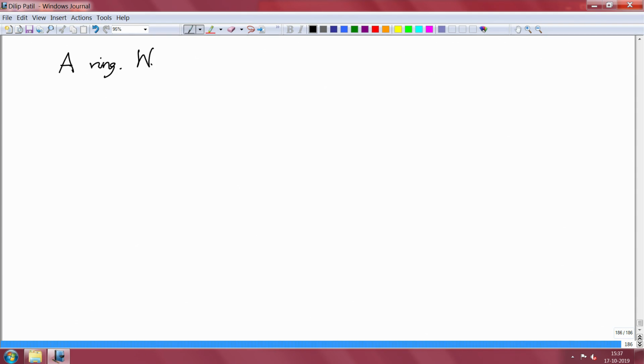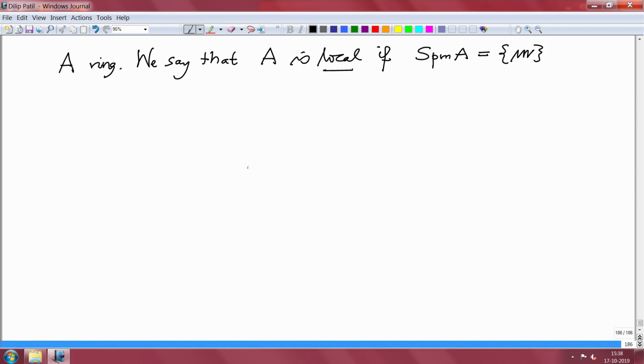We say that A is local if there is exactly one maximal ideal. So if SPM of A is just a singleton, I will call it M, then you call it local.